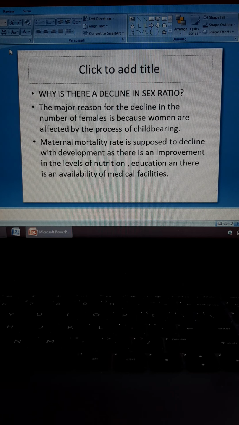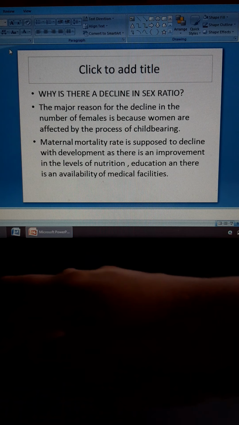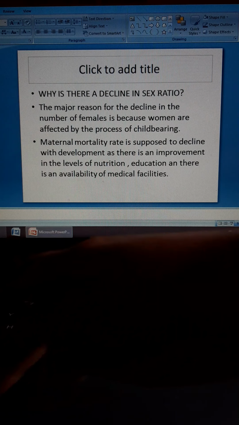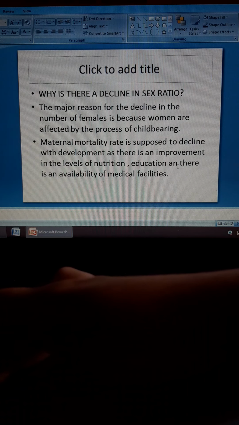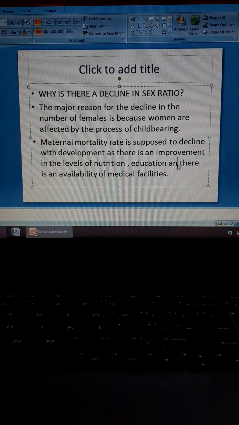But the maternal mortality rate is supposed to decline with development, as there is an improvement in the levels of nutrition and education, and there is availability of medical facilities. People get proper food to eat, at least the required level of nutrition.